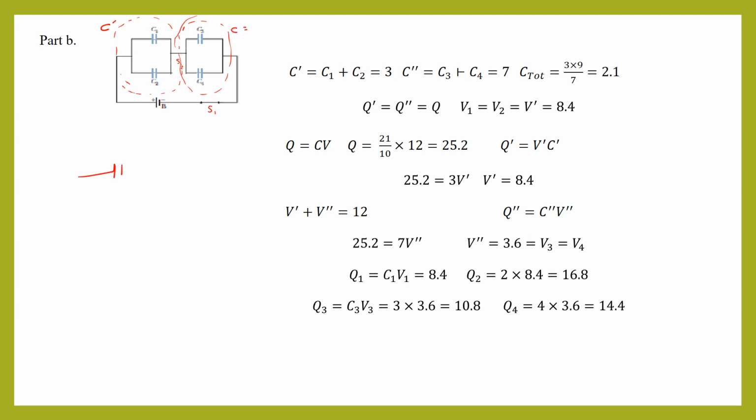In fact, C prime and C double prime are connected in what? Series. You do the same calculation, everybody, and you can calculate Q total in the circuit, and also the potential and charge existing on each capacitor separately.